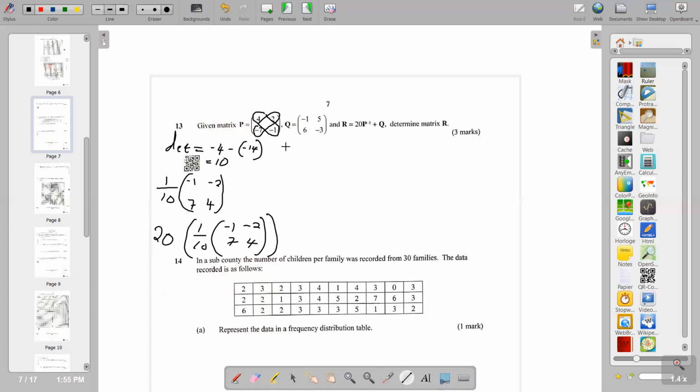So you multiply 20 by 1/10, which gives 2. We have 2 into brackets -1, -2, 7, 4. Just multiply, so that is -2, -4, 14, 8.